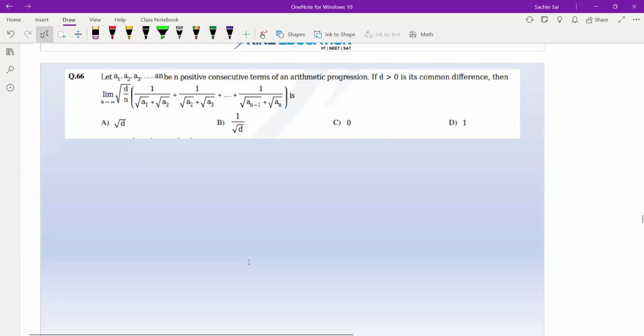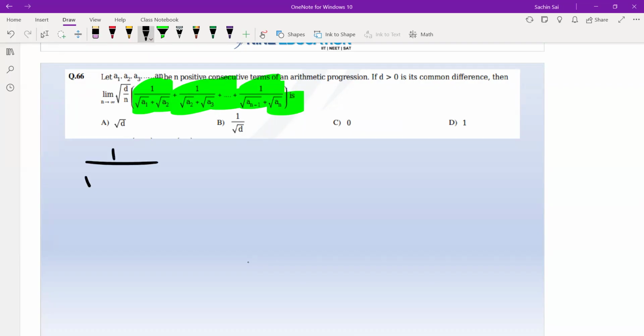Question 66. You have A1, A2, A3, up to An, positive consecutive terms of an arithmetic progression. And you have a summation to deal with here, right? So you have limit n tends to infinity, which means first we need to simplify this term in the bracket and see if it depends on n and how it varies as n varies, right? So the first term in this sequence in the brackets is 1 upon root a1 plus root a2.